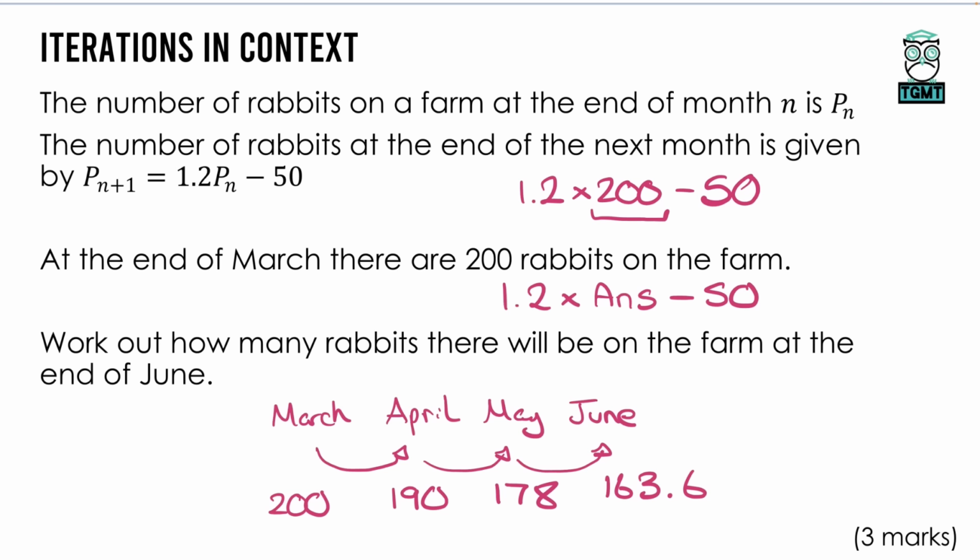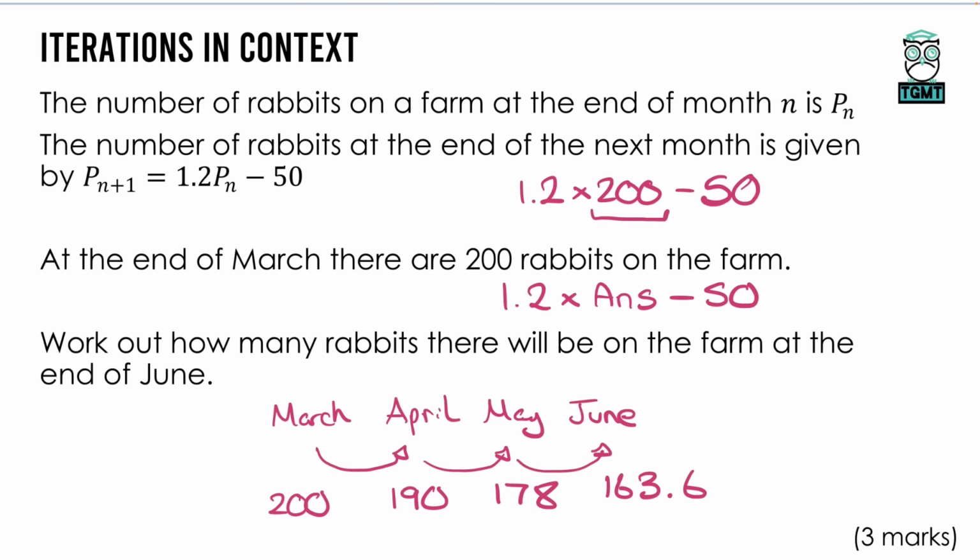Now the problem is, of course, we can't have 163.6 rabbits, but this means it has gone down below the 164. Now in this type of question, we could give the answer 163, we could give the answer 164. But technically, we should round this in one of two ways, and we could make the argument for either case.